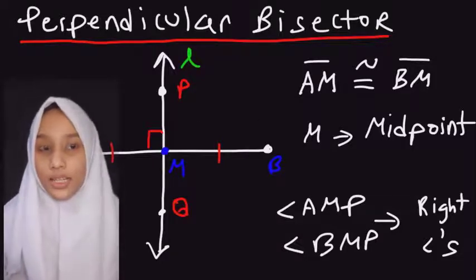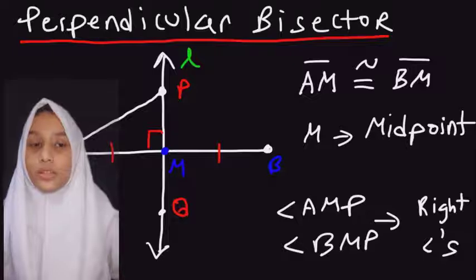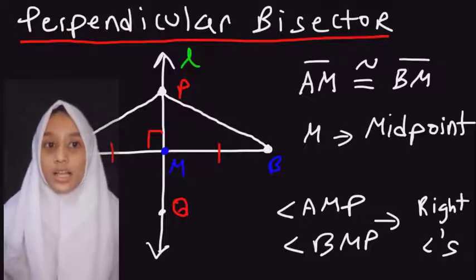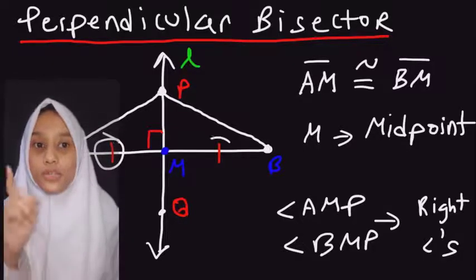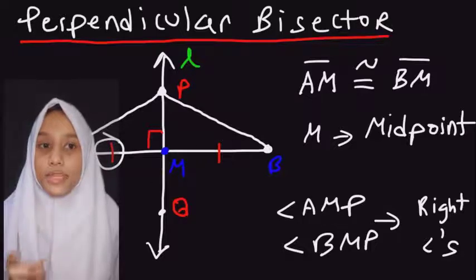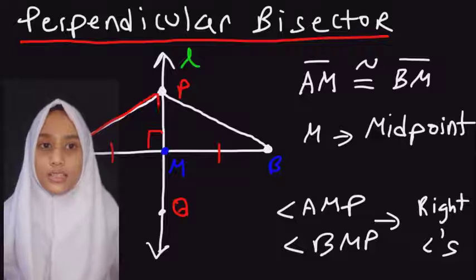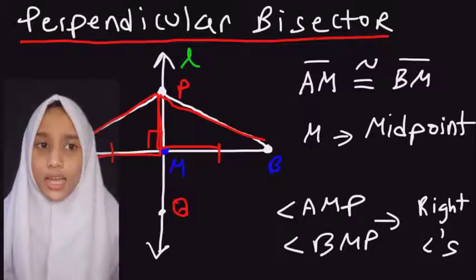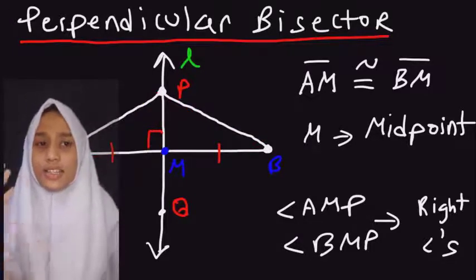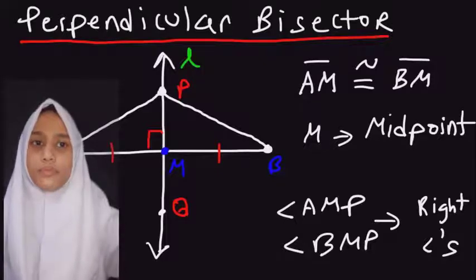Now, there's something else that you need to know about the perpendicular bisector. Let's focus on point P. So notice that AM and BM are congruent to each other, and these triangles share a common side PM.